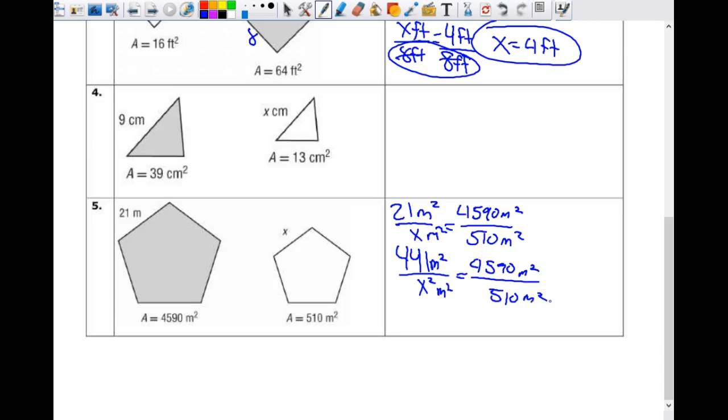All right, now we need to cross multiply. So we're going to end up having x squared times 4,590 is equal to 441 times 510. What's 441 times 510?